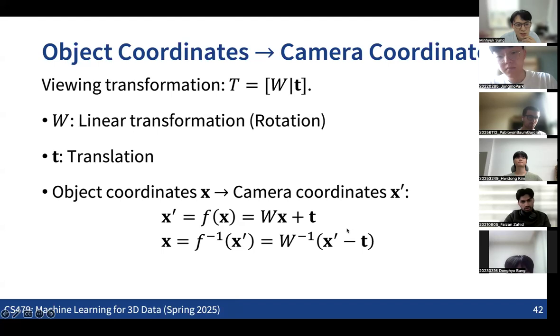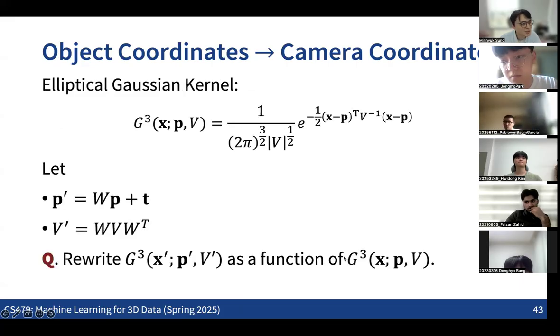So from this, I would like to ask you to do some hands-on math, some calculation. Given that we define the ellipsoidal Gaussian kernel in this way, let me define these two terms. Let me define P prime and V prime as having these terms.